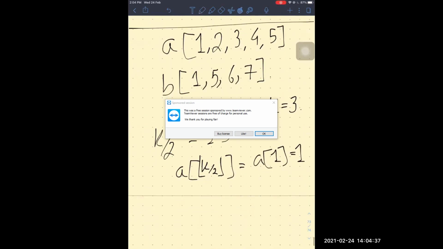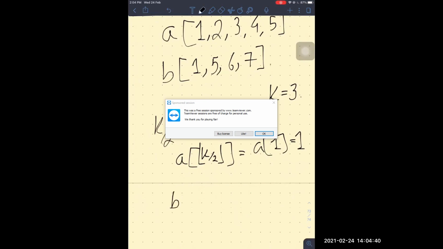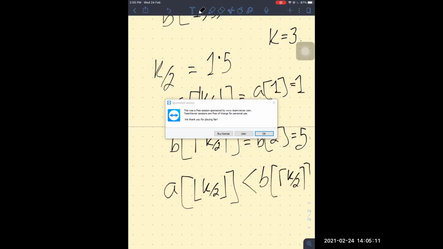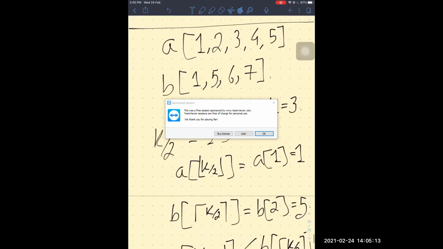And b of the ceiling of k divided by 2 is b of 2, which is 5. Okay. So here the case will be this is smaller than b of k divided by 2. So is it clear?